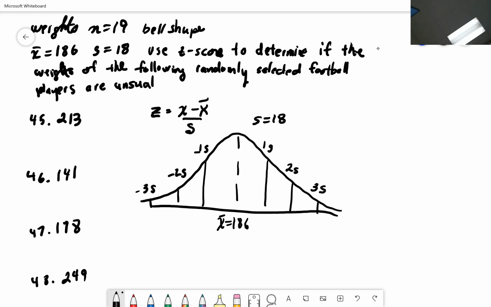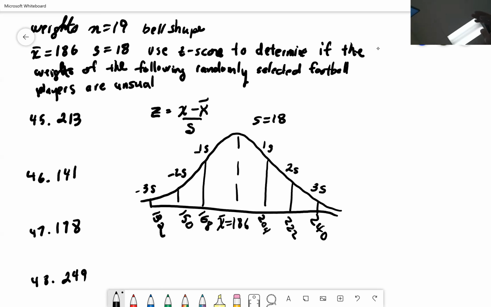So if you take 186 and add 18, you get 204. Add another 18, you get 222. Another 18, 240. And you do it in the opposite direction: 186 minus 18 is 168, minus 18 again is 150, and then 18 again, 132.